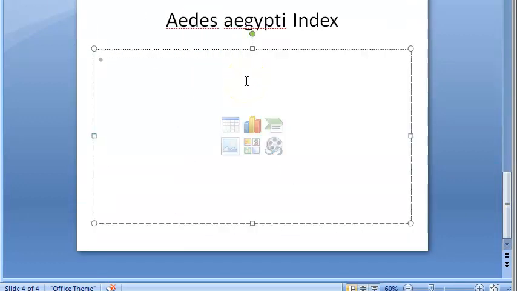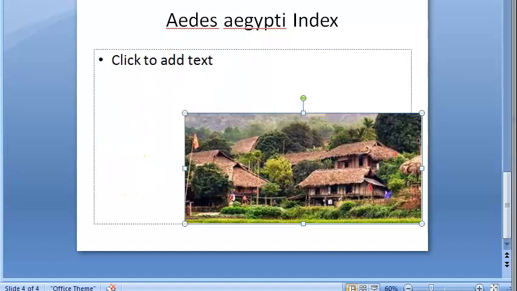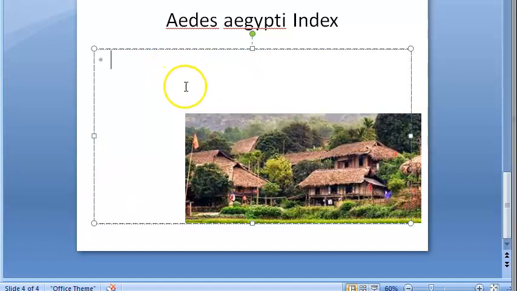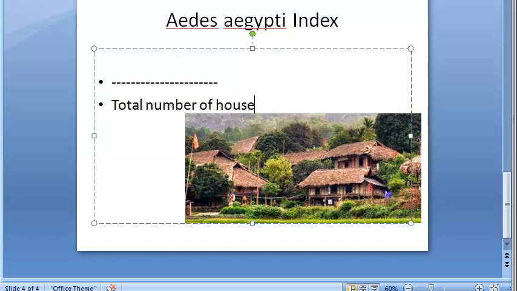Basically it is defined as the ratio expressed as percentage between the number of houses in a limited well-defined area on the premises of which actual breeding of Aedes aegypti are found to the total number of houses examined in that area. This is not difficult, guys. Just pay attention here. The total number of houses in that area will be the bottom part.